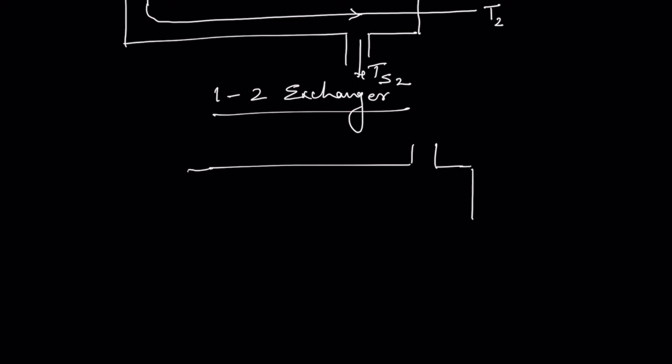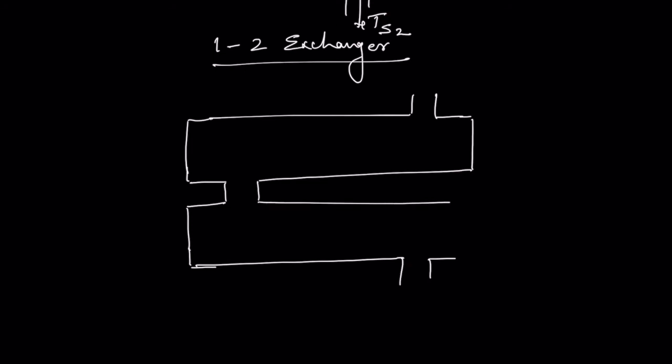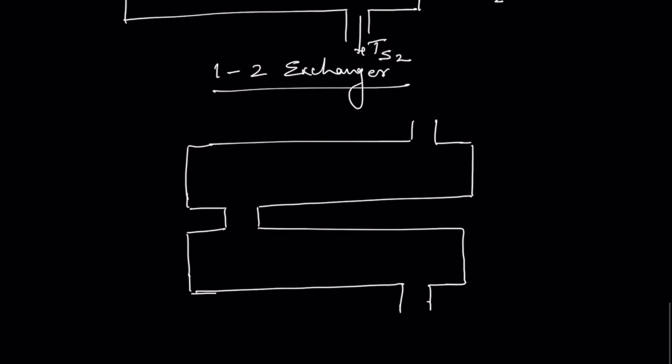So the 2-4 exchanger will look like this. This is shell. I have drawn the shell, so it has two shell passes.